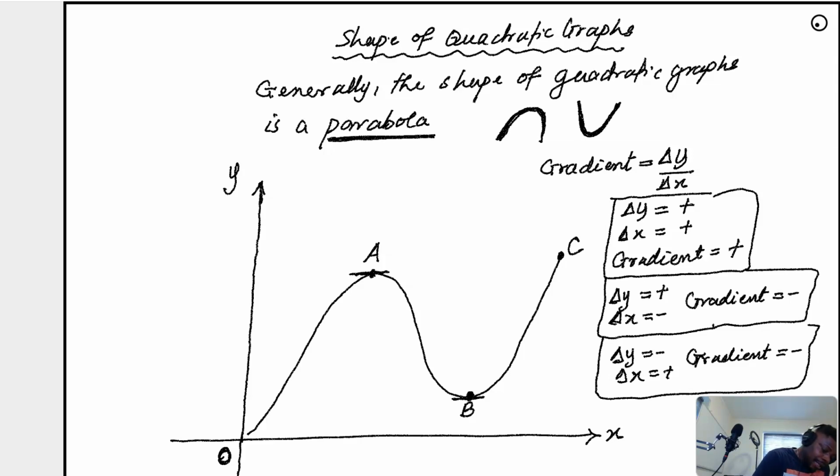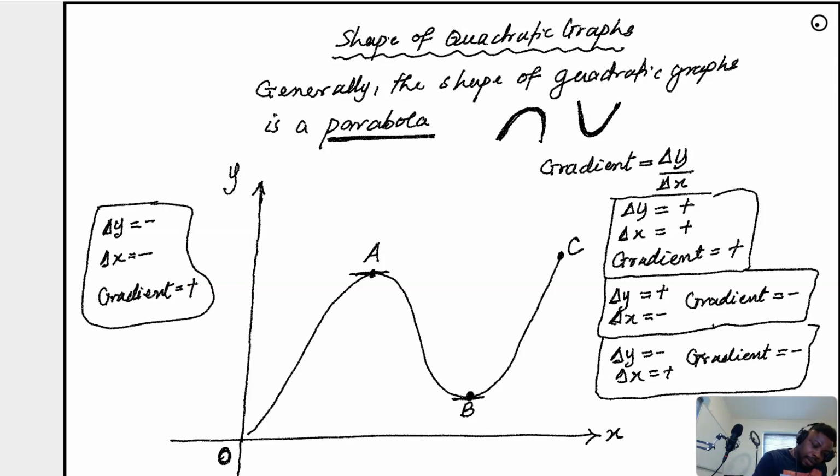Then here, when your change in y is negative and your change in x is negative, our gradient will be positive. This is just saying plus divided by plus is plus, plus divided by minus is minus, minus divided by plus is minus, minus divided by minus is plus.